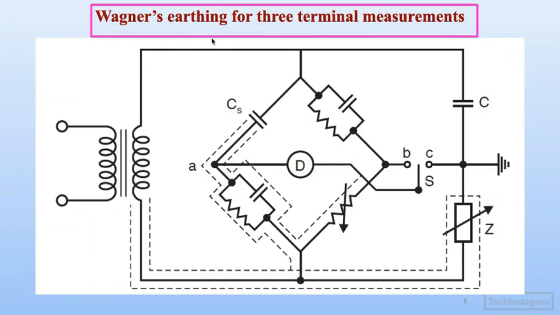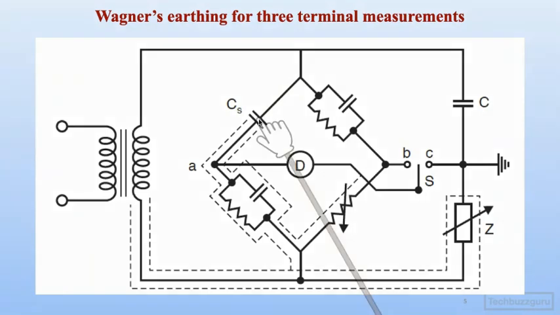Please remember, whenever there is a question in the examination, you have to be very particular in remembering this term, Wagner's earthing device. Ultimately, it will lead you to the sharing bridge and the concept of stray ground capacitances, right?